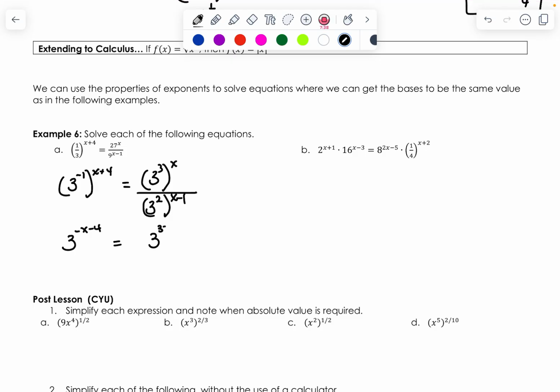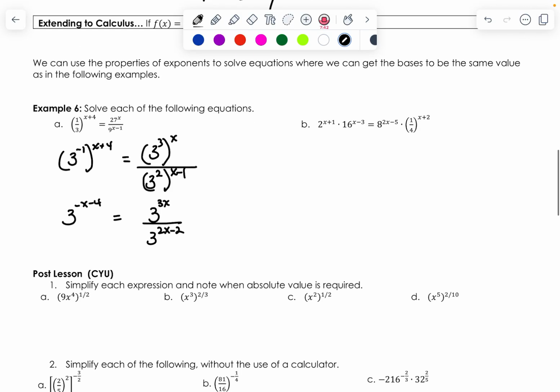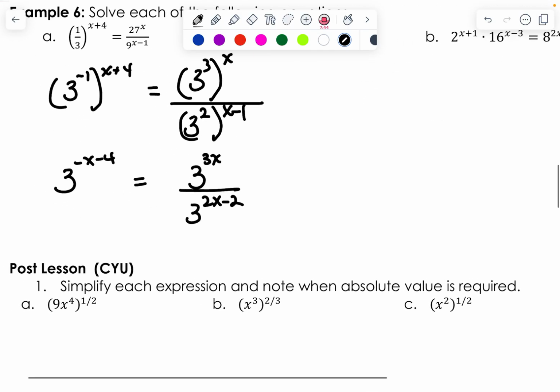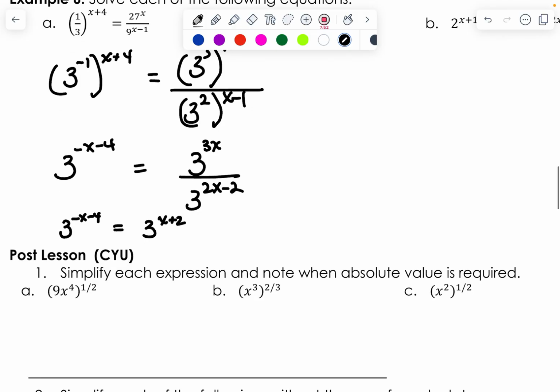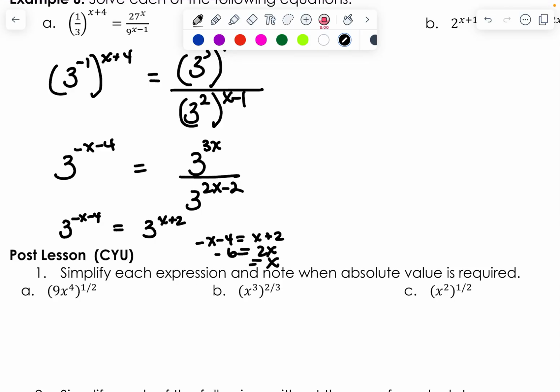This is 3 to the 3x over 3 to the 2x minus 2. So this one's taking a little bit more effort. So when I subtract, I'm going to get x plus 2. So now I can set the exponents equal. So x is negative 3.